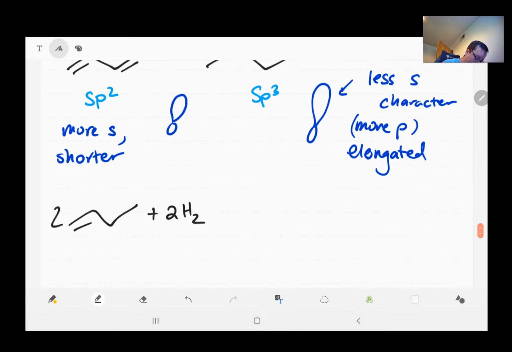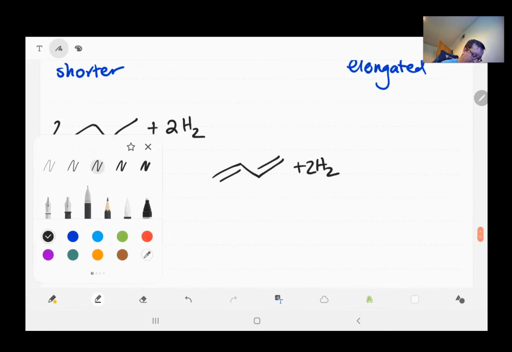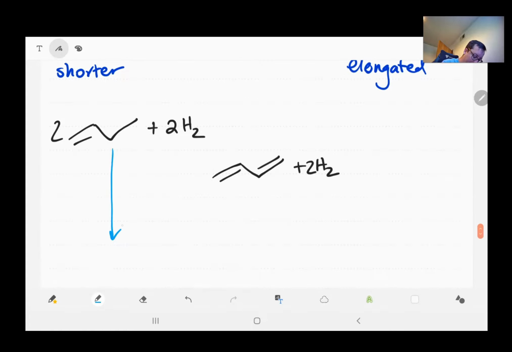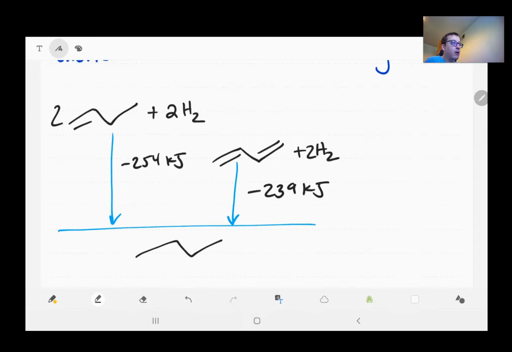If we were to take two of these molecules and hydrogenate them, we need two H2s there, versus the conjugated system, if we wanted to hydrogenate these, if we wanted to make them into our butane, we're going to see that even though we're doing effectively the same thing here, the conjugated system is actually already a little bit lower in energy.